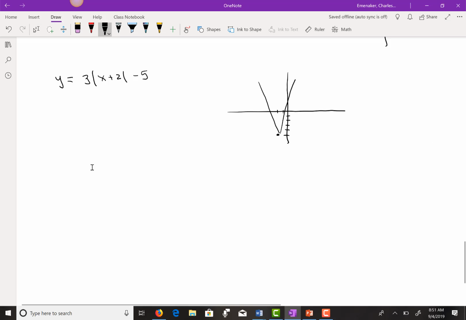Boom, boom, and there you go. With a little bit of practice, you can look at these basic things and graph it within 3 to 4 seconds, which is way faster than you could ever hope to do on your calculator. It gives you a general shape, a general idea of what's going on. Does that make sense? Everybody okay with that?